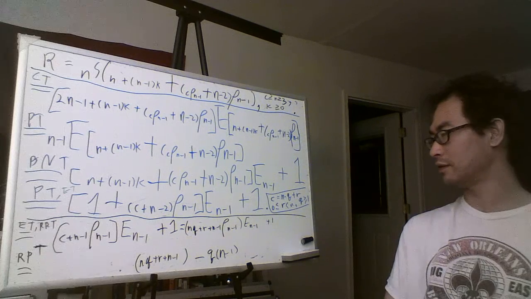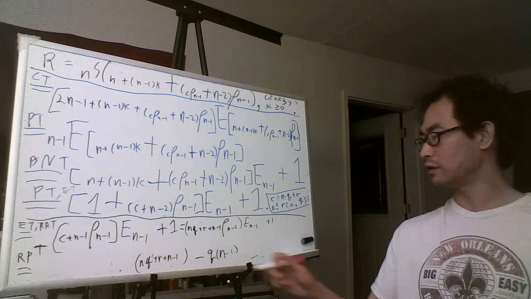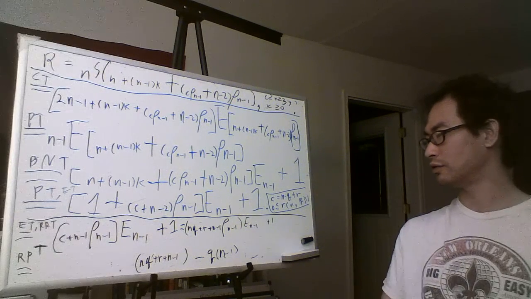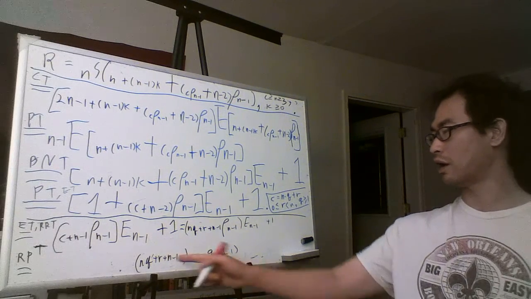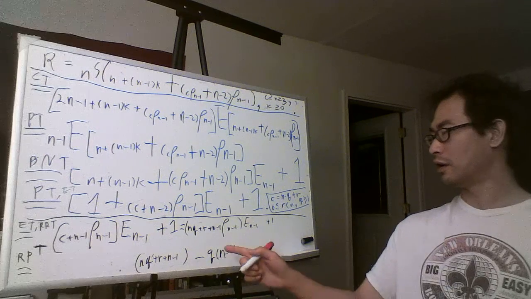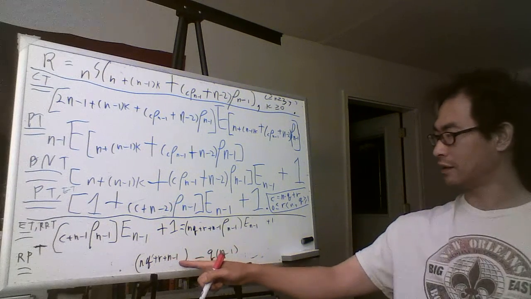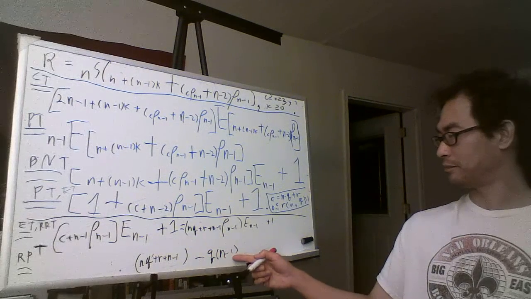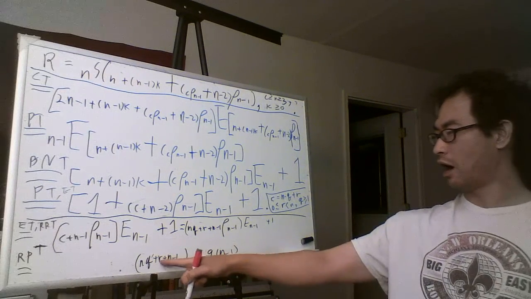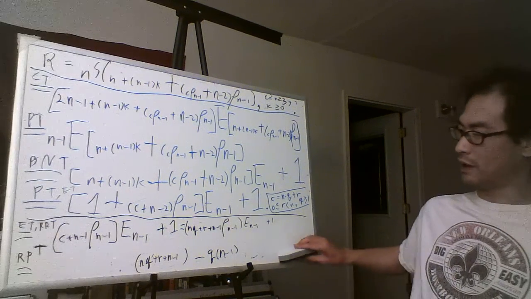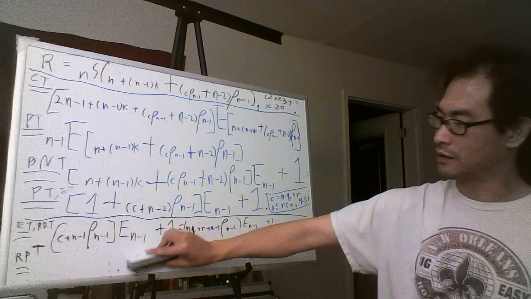What do we have left? nQ, they cancel out. Then we have plus Q plus R plus n minus 1. That's what we have left after this rho periodicity theorem.